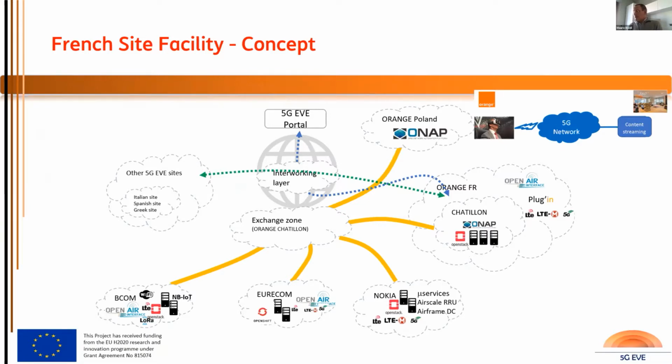And you may see quite clearly here two important aspects. The first one is the interworking layer that you can see at the top of the slide. We are interfacing with the 5G portal, but we are also interfacing with the other 5G sites. And you can also see that in many implementations, also in Poland, that I forgot to mention, there is the openness that I have mentioned before.